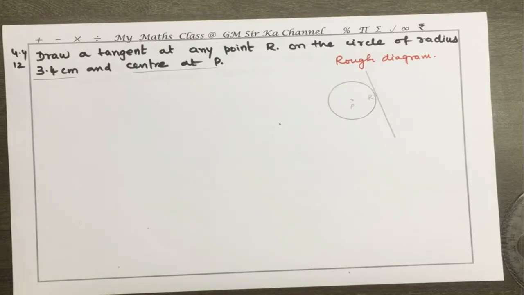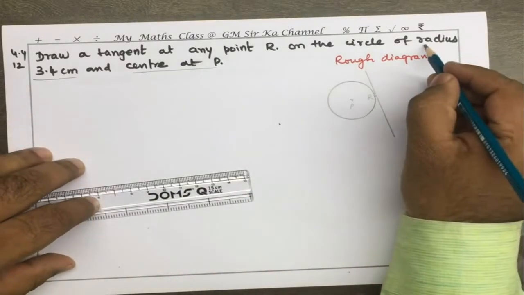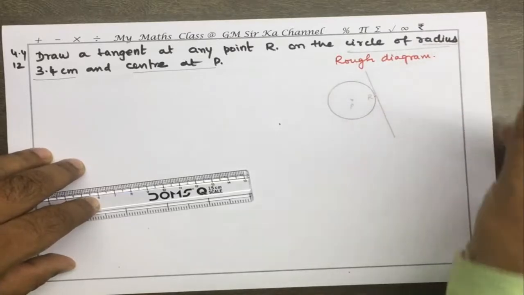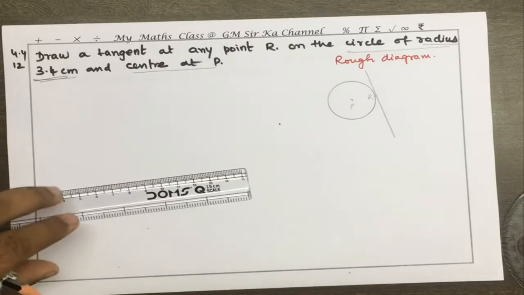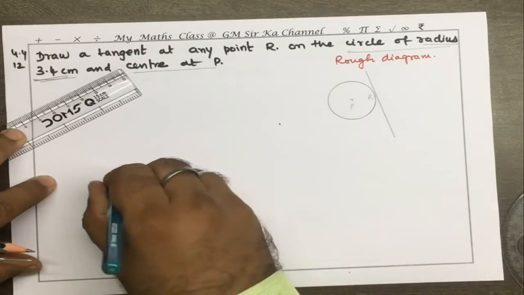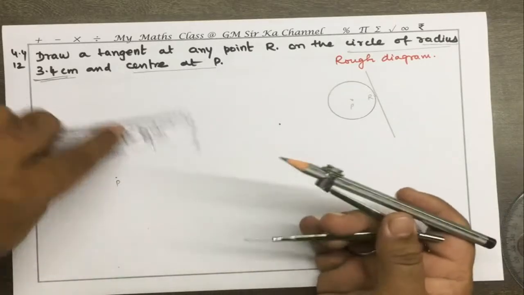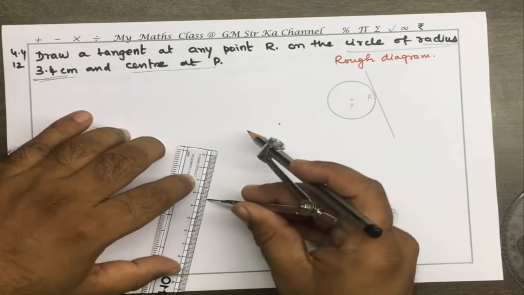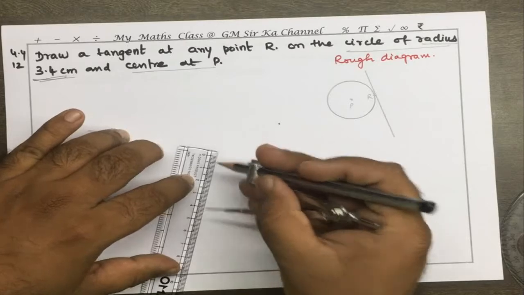Next we have to draw the fair diagram. So let us take the circle of radius 3.4 in the compass. Any point can be taken as the center P, and in the compass 3.4 is taken like this.